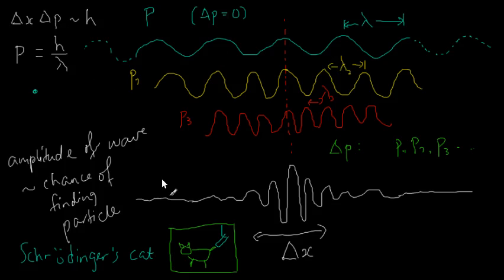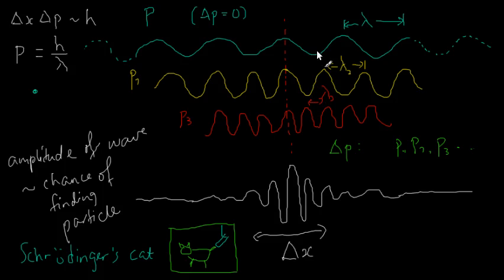That means that all the different momenta are actually there at the same time. It doesn't mean that the electron has just one of these momenta which we don't know about, or which it picked randomly. They're actually all there at the same time.